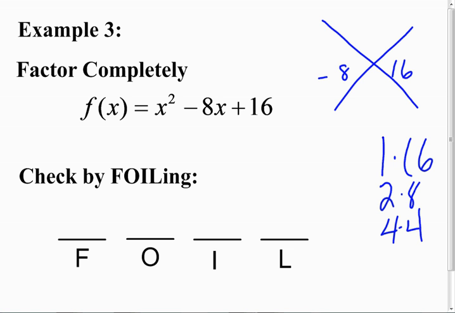Either they're both positive or they're both negative. Which one gives you the 8? 2 times 8 is 16. I just factored the 16. So 4 and 4 gives you 8, but I want negative 8, so it's negative 4, negative 4.